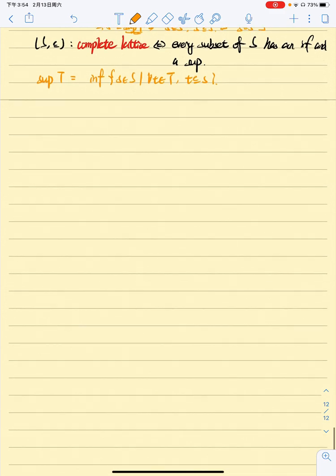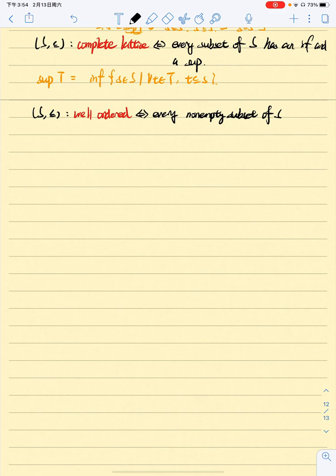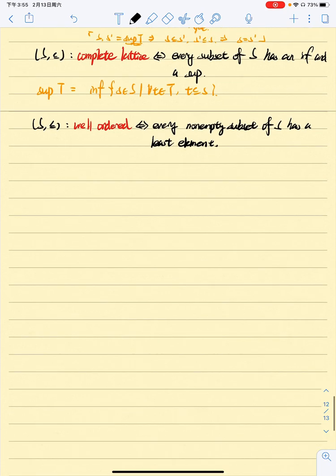Okay. And we call S under this relation well-ordered if every non-empty subset of S has a least element. Okay.